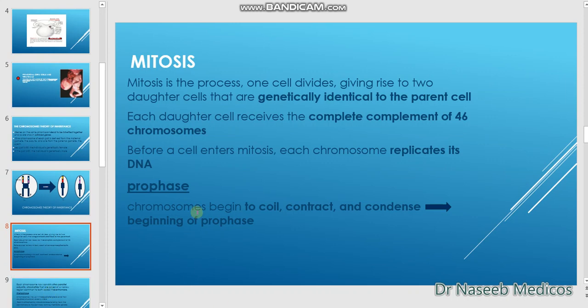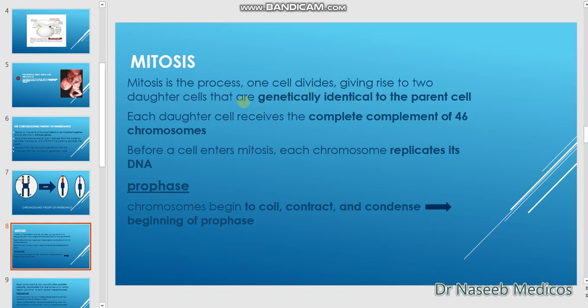The process of cell division is of two types. One is mitosis, one is meiosis. Mitosis takes place in all somatic cells, while meiosis takes place only in germ cells. Mitosis is the process where a cell divides and gives rise to two daughter cells that are genetically identical to the parent cell.